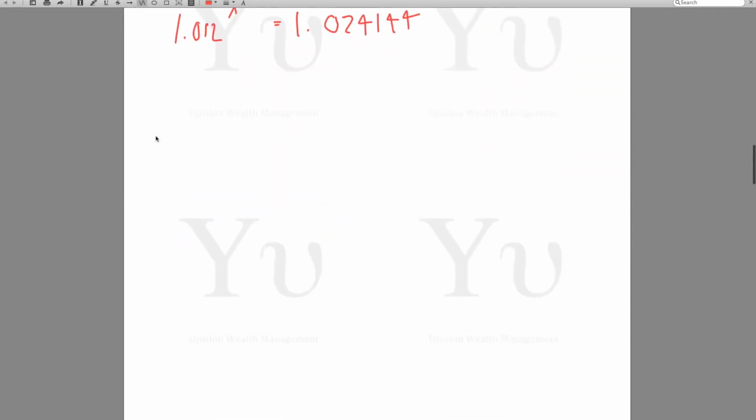Okay, now what was the initial investment? The initial investment was 1 million times that 1.024144 equals times a million.